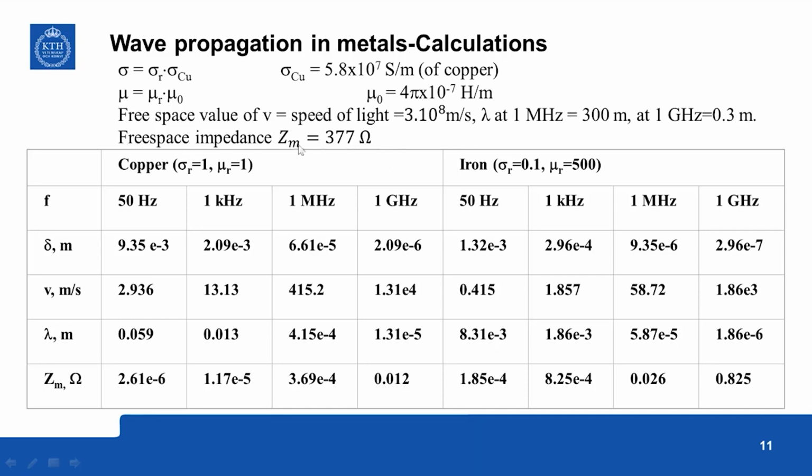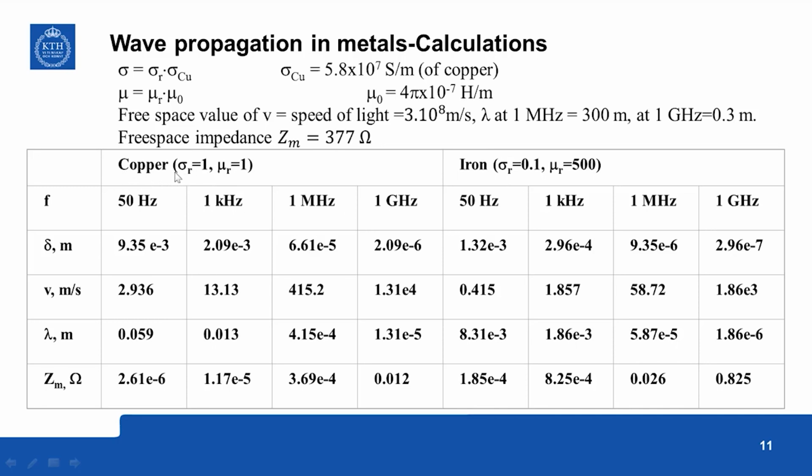Now, you remember these reference values. In free space, wavelength is of the order of meters, you can say, or fraction of a meter. And impedance is of the order of hundreds of ohms, 377 ohm. Now, let us consider this in medium, copper and iron.